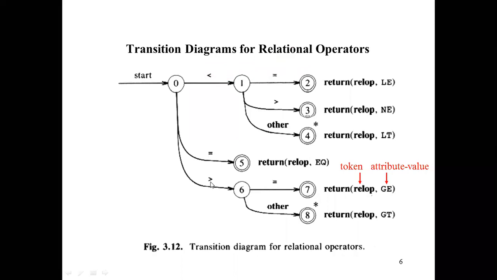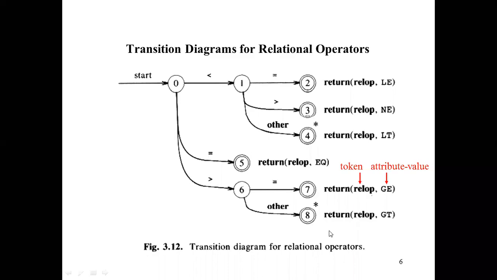So you can show here greater and then no need to go this side, just come from branching side 0 to 6 and then to move to other. And here put double circle with asterisk sign. This you can use for greater than. Okay. So retraction takes place. This is the final state and then you can move from to other side also. So you can write here return relational operator greater than.